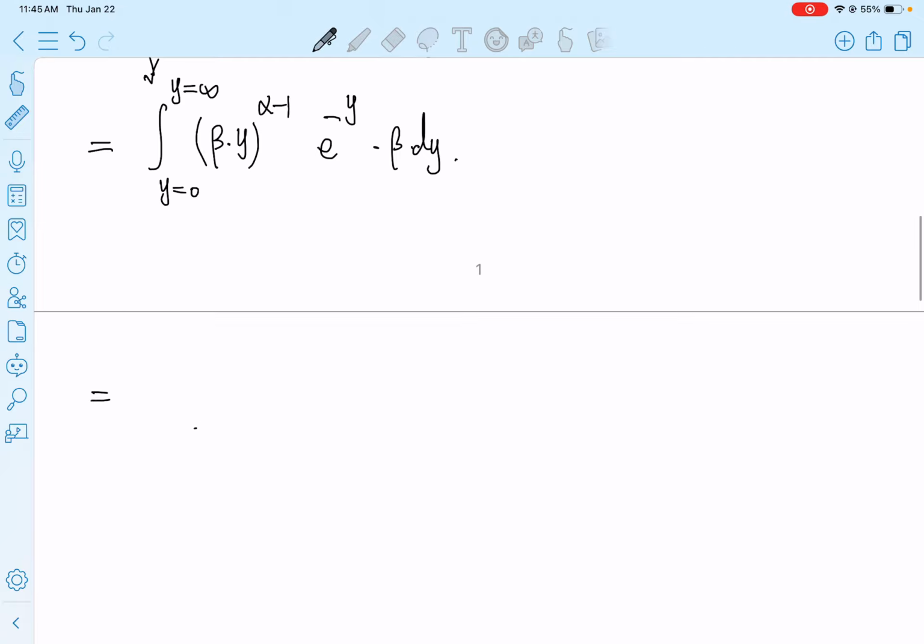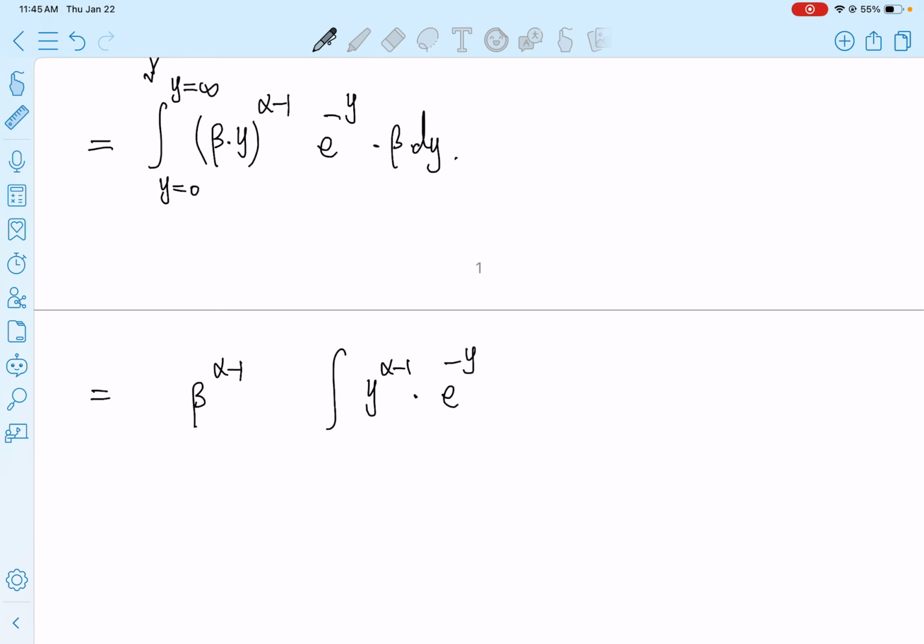So first of all, we have beta raised to the power of alpha minus 1 in the front. And then the integral of y raised to the power of alpha minus 1, and then e raised to the power of negative y. We also have another beta, but that beta is also a constant, so we can move it outside the integral. So you can see that we have alpha minus 1 copies of beta, and then another additional copy of beta.